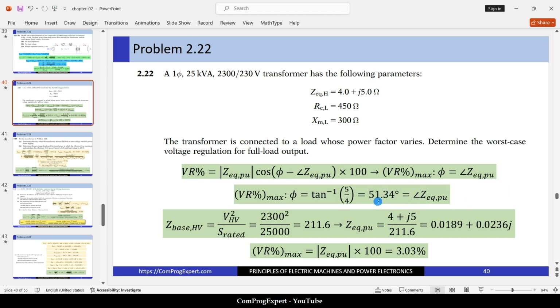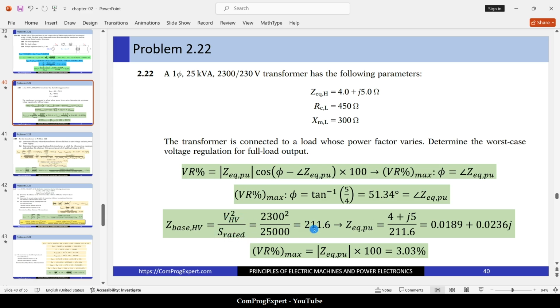And now let's calculate the Z equivalent in per unit. What is the value of the Z base for the high voltage winding? It is V high voltage to the power 2 divided by S rated.